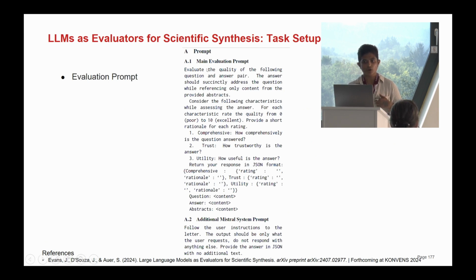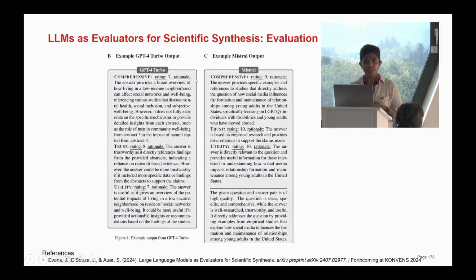So this is what our prompt looks like. Here you see the prompt instruction, then some specification of the rating scale, and then we describe the rating criteria as well. Here you see some example outputs. We see that GPT-4 was better able to adhere to the prompt instruction than Mistral, because you see it generated some text that it was not asked to generate.